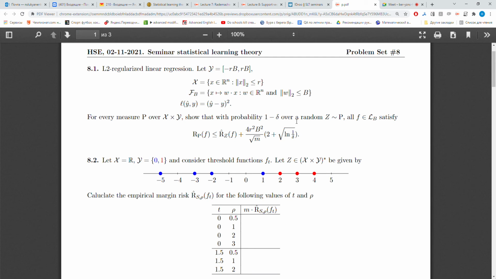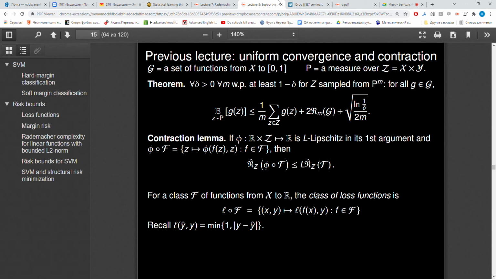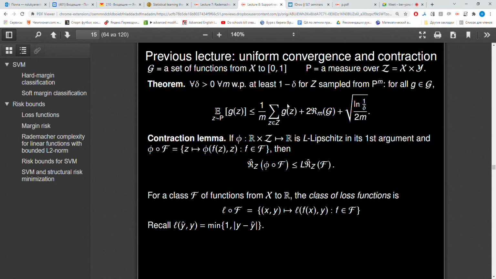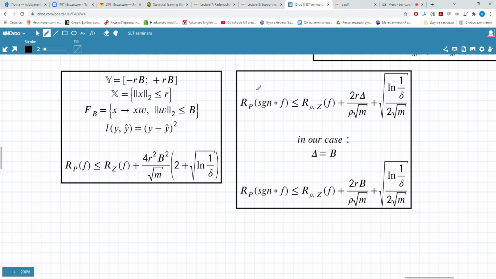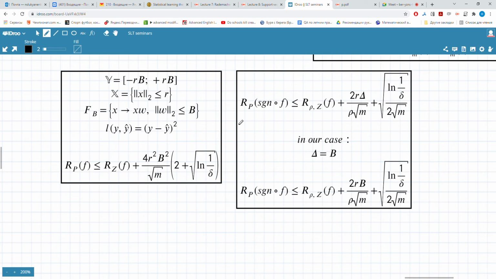It looks like we need to compute these bounds using something more complicated, not with one inequality which was given for signum of f, which gives us 0 in the case of correct classification and 1 in the case of incorrect classification.